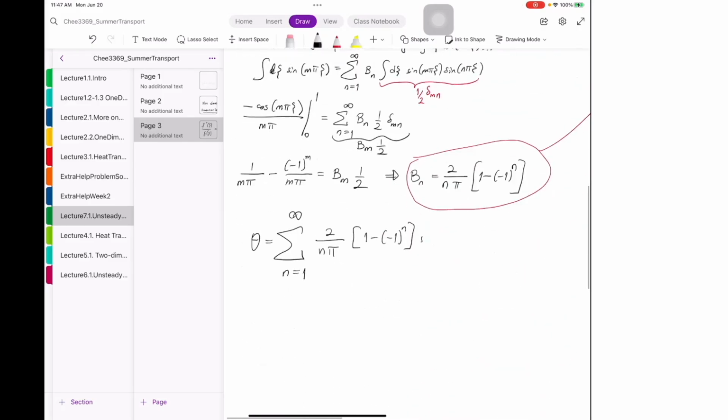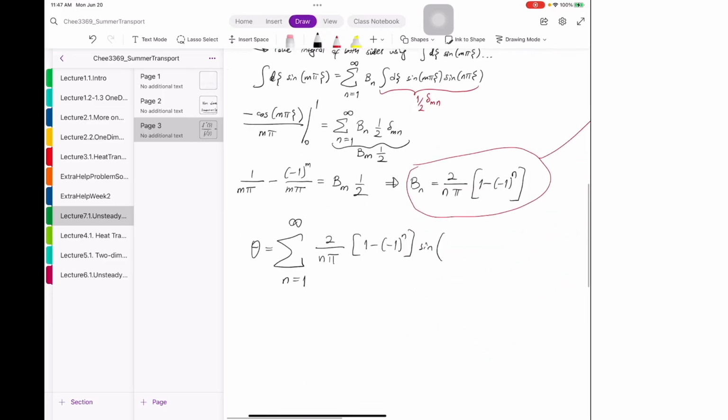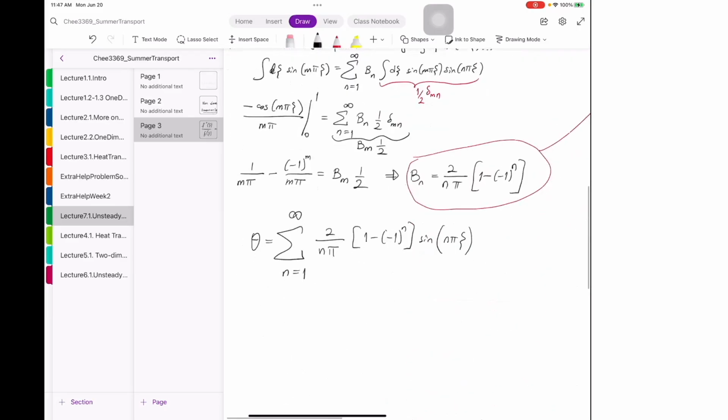sine n pi xi exponential minus n squared pi squared t tilde.